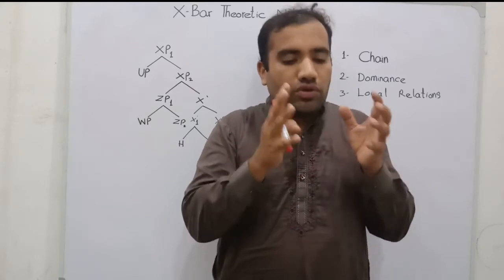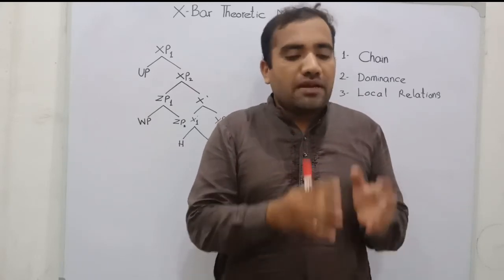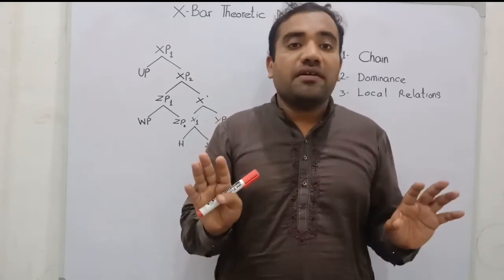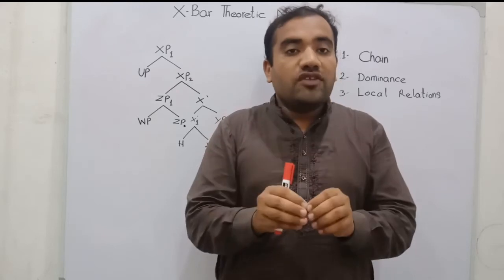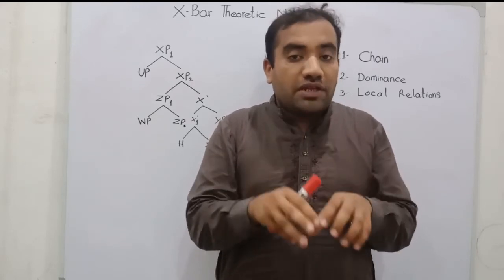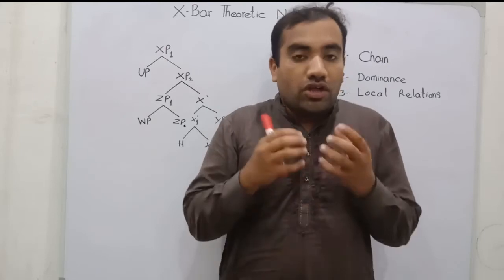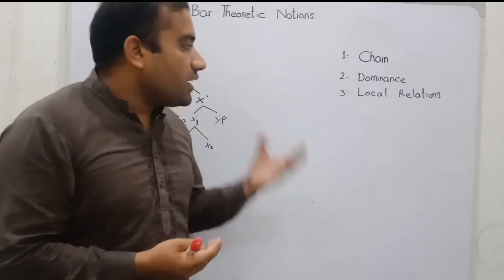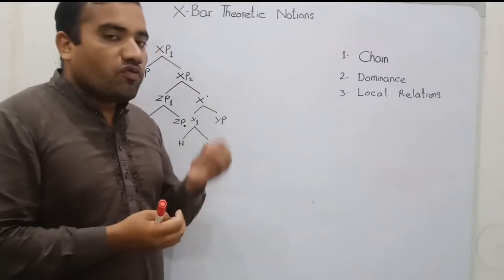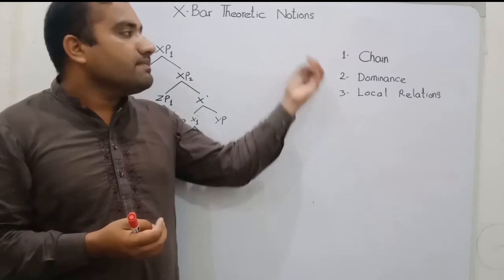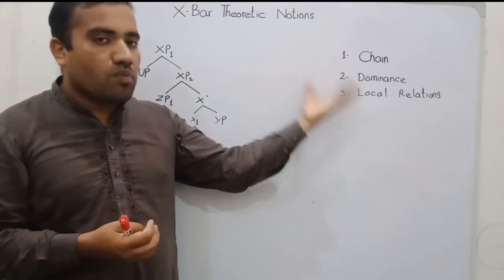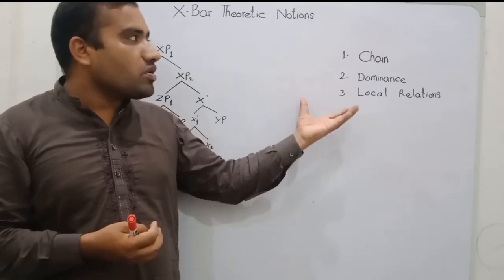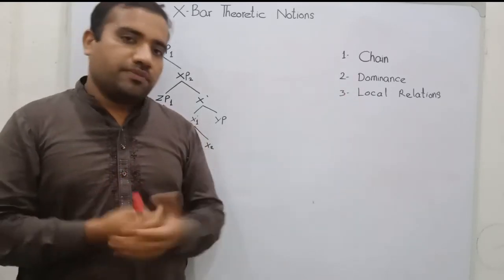That outer layer dominates the lower item, and the lower item also has its internal layer, which it dominates. So whatever sentence we want to generate, we must know that we have the chain relation, the dominance, and the local relation, and these are the core of X-bar theoretic notation.